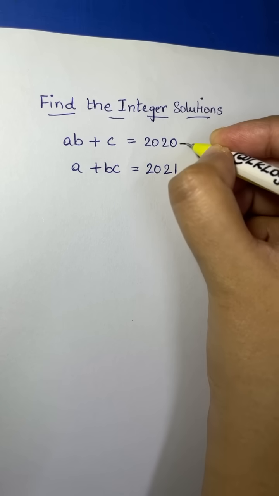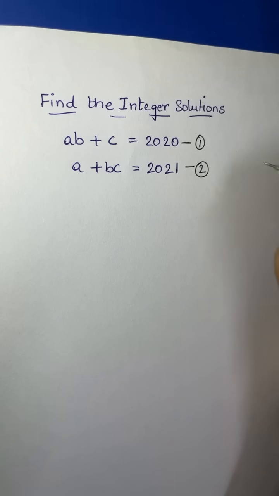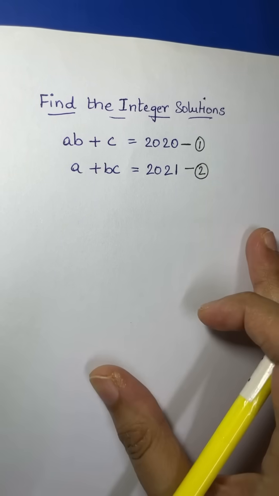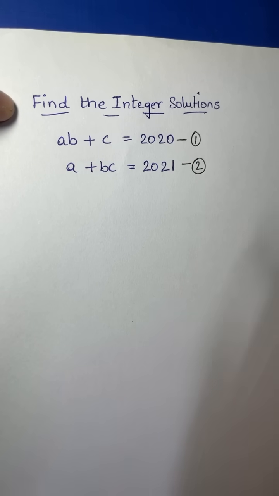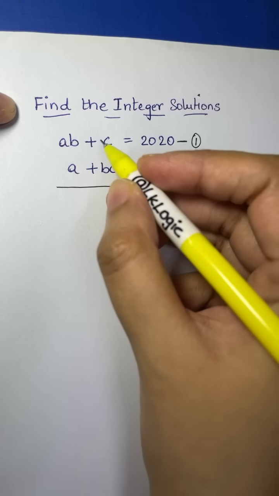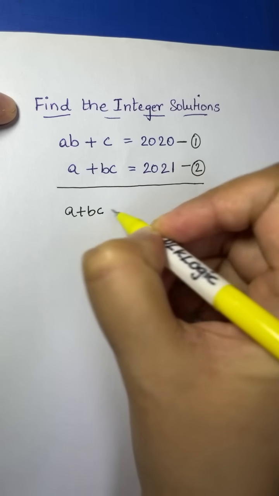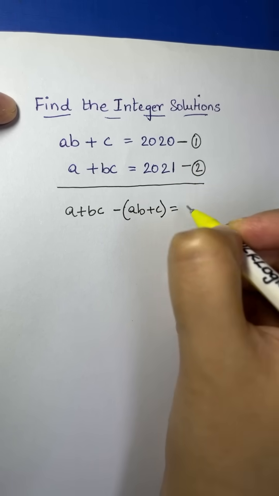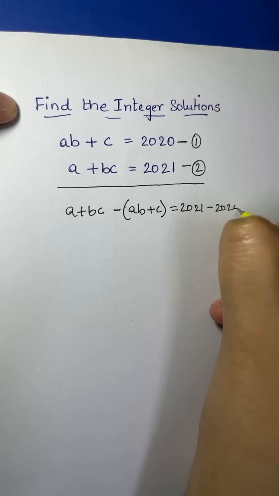Let this be equation 1 and let this be equation 2. Now we are going to subtract equation 1 from equation 2. So we'll have A plus BC minus (AB plus C) equals 2021 minus 2020.